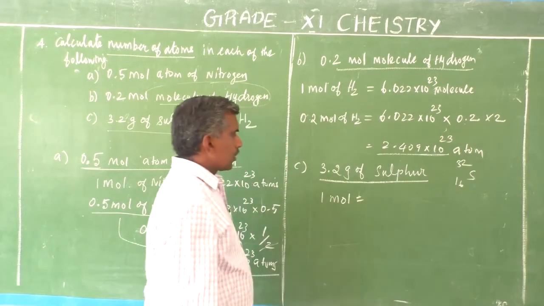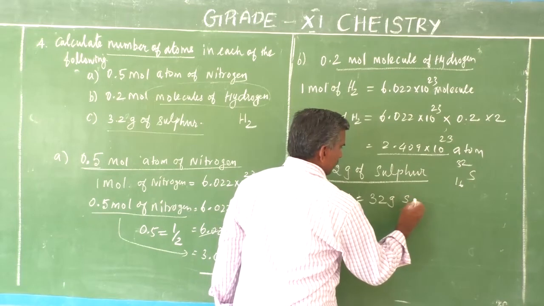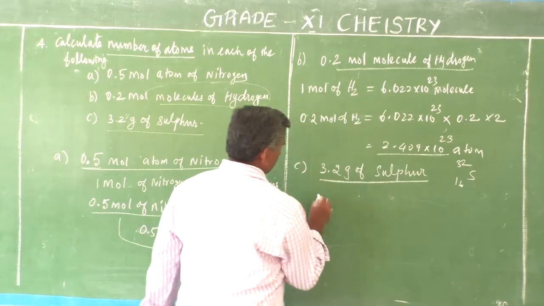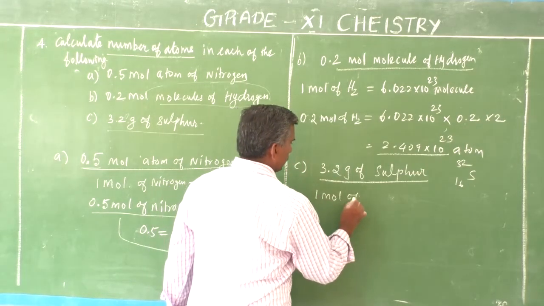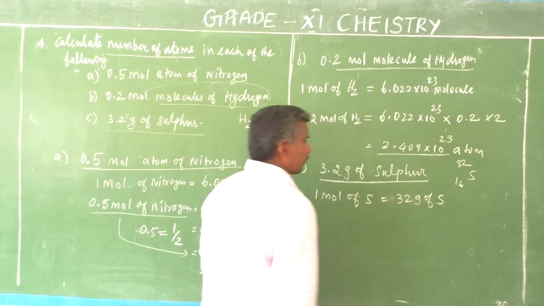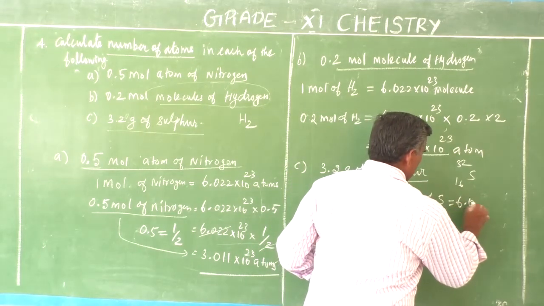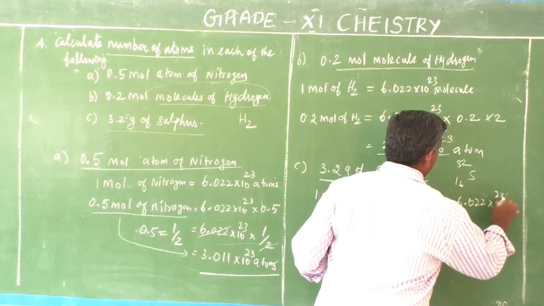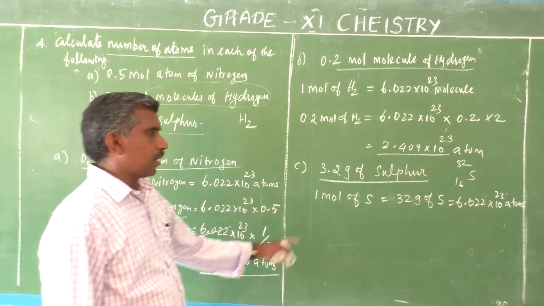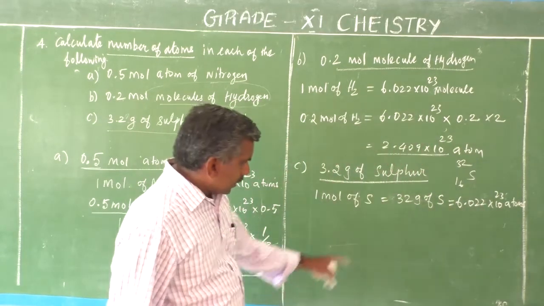So 1 mole is equal to 32 gram of sulfur. 32 gram of sulfur is equal to how many atoms? 6.022 into 10 power 23 atoms. 1 mole of sulfur contains Avogadro number of atoms, that is 32 gram of sulfur.